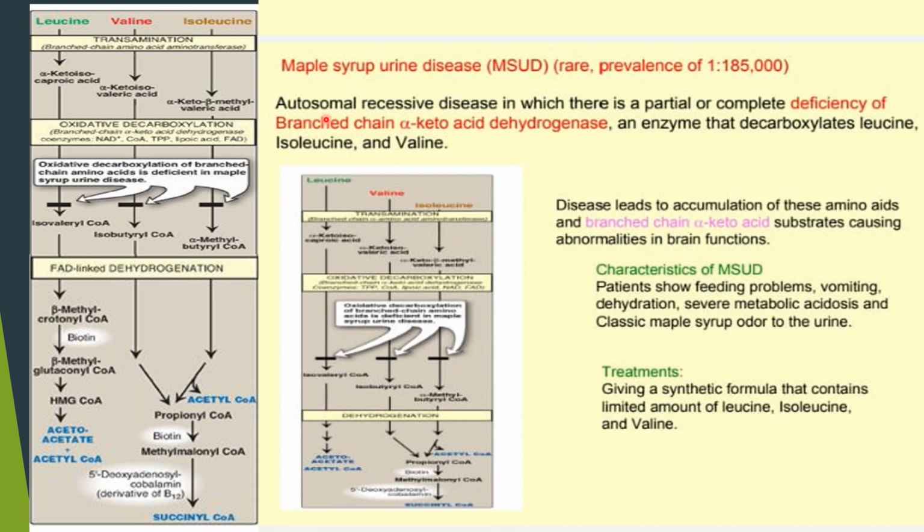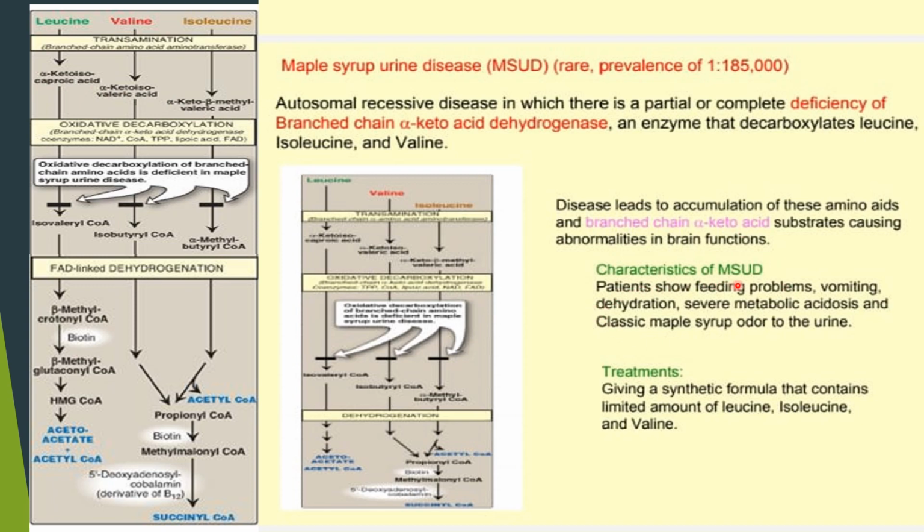This maple syrup urine disease is an autosomal recessive disease in which there is a partial or complete deficiency of branched chain alpha keto acid dehydrogenase. This enzyme decarboxylates leucine, isoleucine, and valine. This disease leads to the accumulation of these amino acids and branched chain alpha keto acids, that are these three.